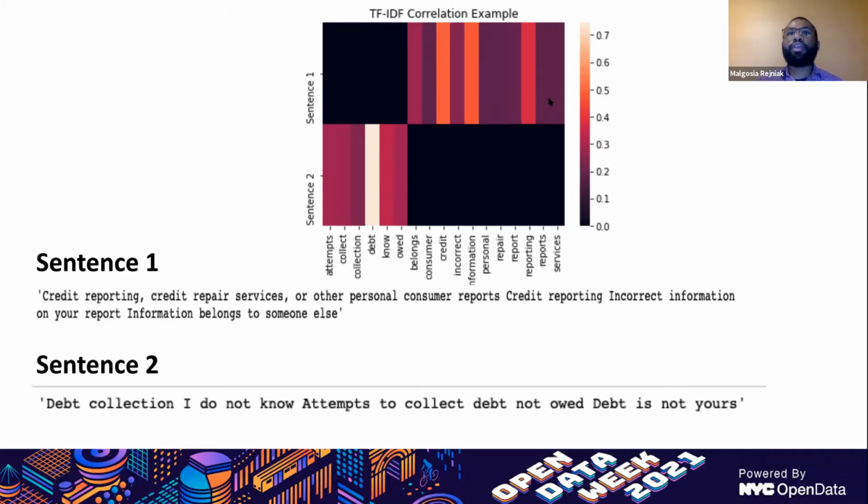And then over here with sentence 1, you'll see interesting things like the theme of the issues being around credit being strongly correlated, and even things like the word repair, which is kind of interesting as well, because it could fit into the theme of incorrect information and fraud and things of that nature.